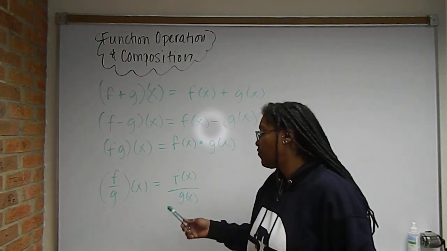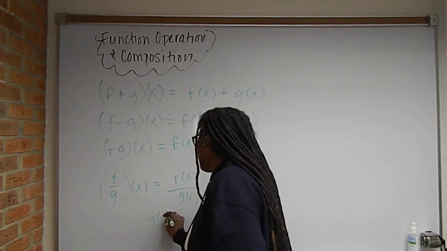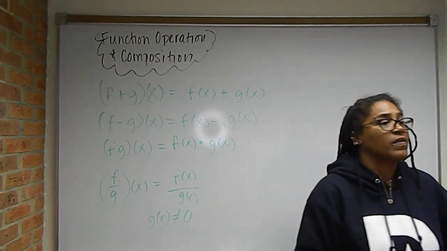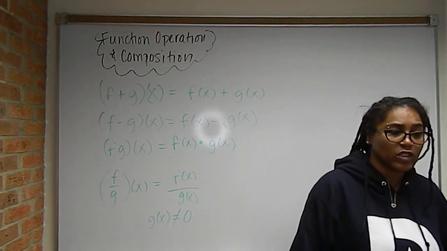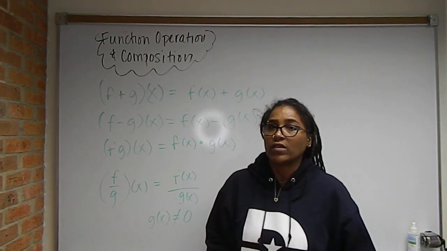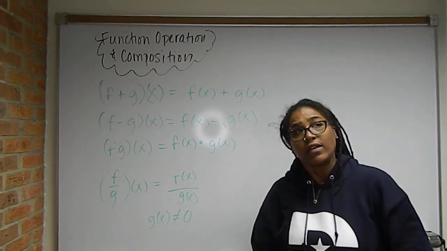And of course, this is valid as long as g of x is not equal to 0. That's important because remember, quotient is the answer to division. So if you see quotient, you should know, oh, I was dividing.